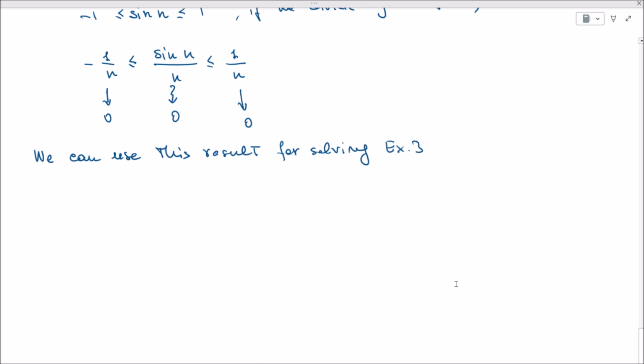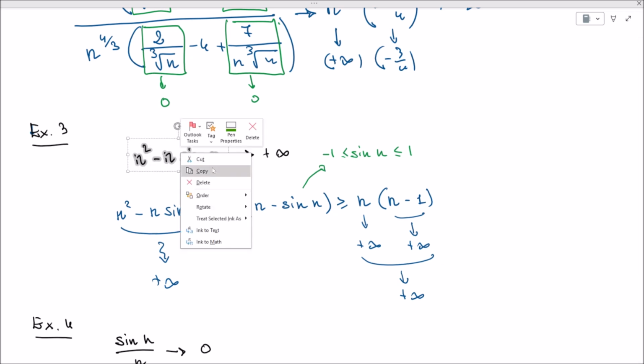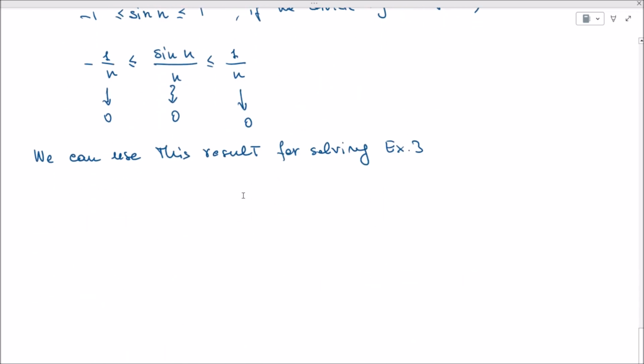Remember, the exercise 3 was basically evaluating this, right? So we can now write this not factoring out n, but factoring out n squared.